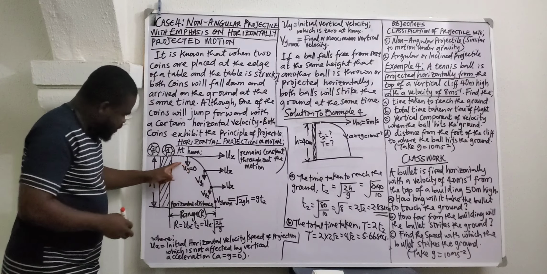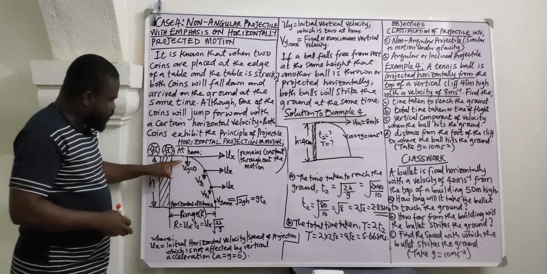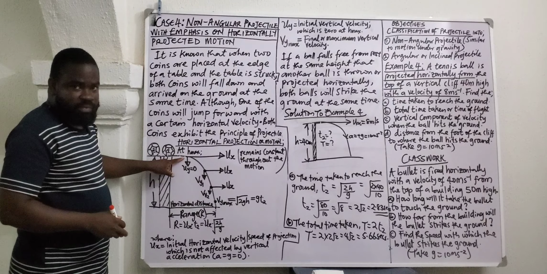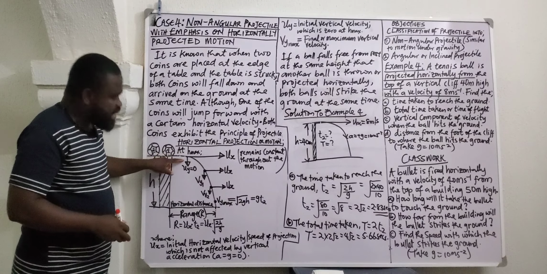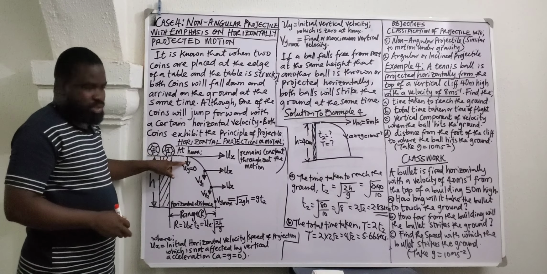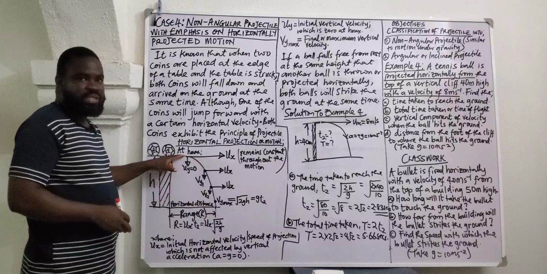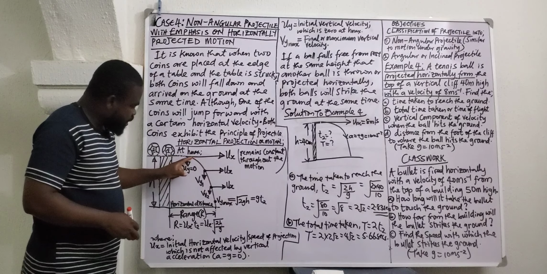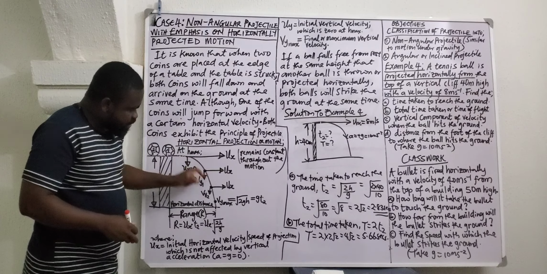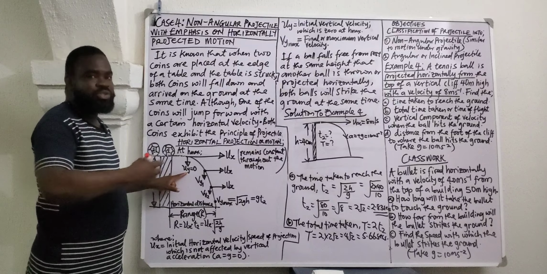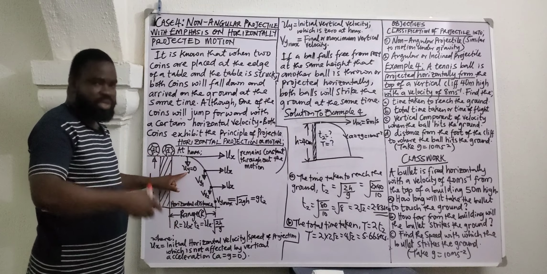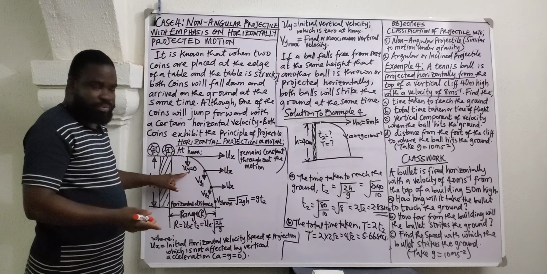That velocity is influenced by gravity. The vertical initial velocity is 0 at the greatest height. As the ball or the coin falls down, that vertical component of velocity begins to increase with gravity, with time.